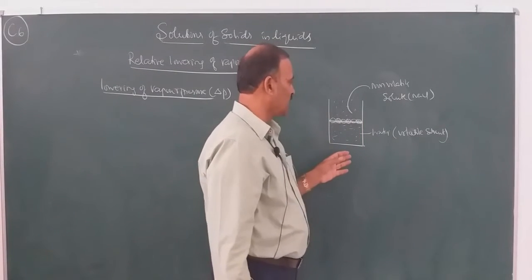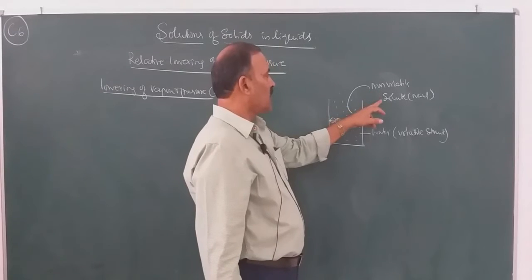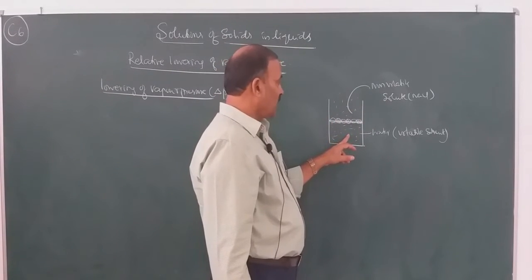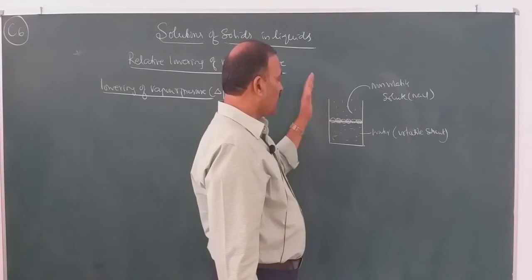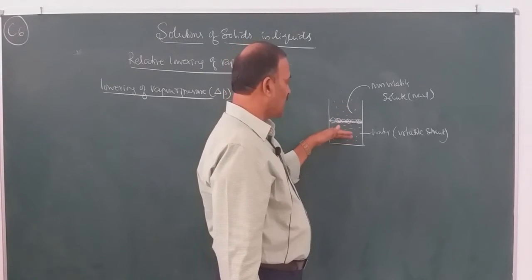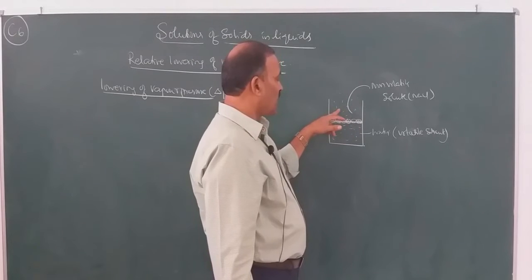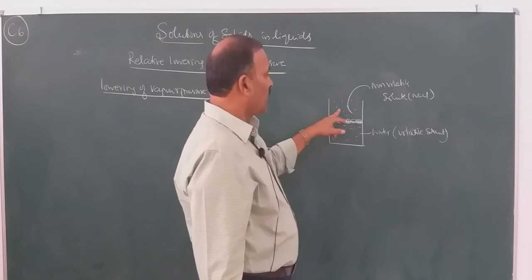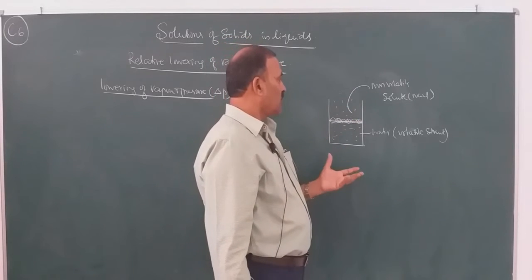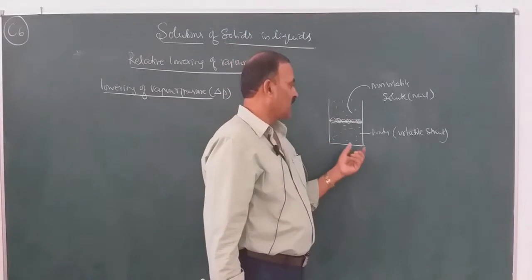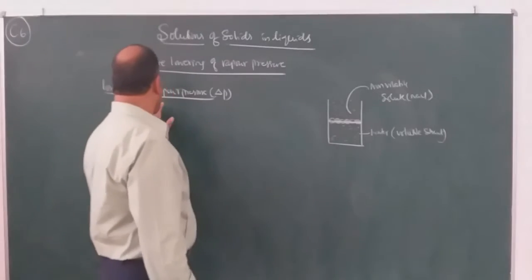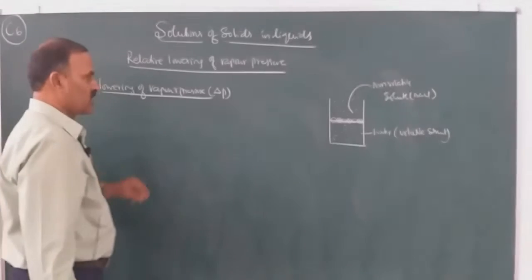What is the meaning of this? When a non-volatile solute is added into a volatile solvent, the vaporization of water decreases, therefore the vapor pressure decreases. That means the vapor pressure of the solution is always less than the vapor pressure of the pure solvent. This is known as lowering of vapor pressure.